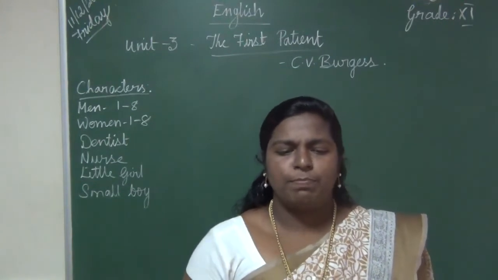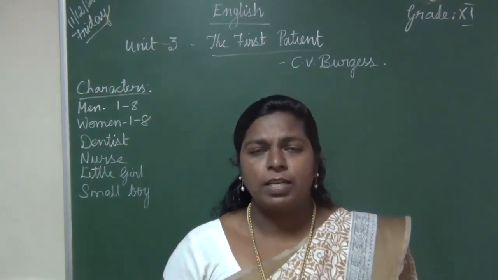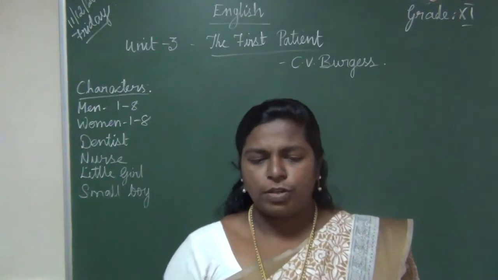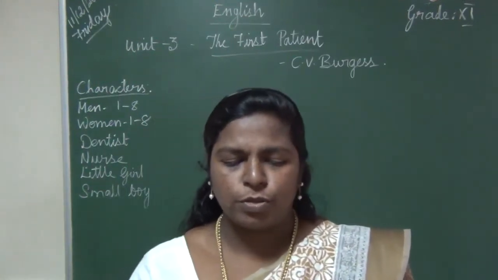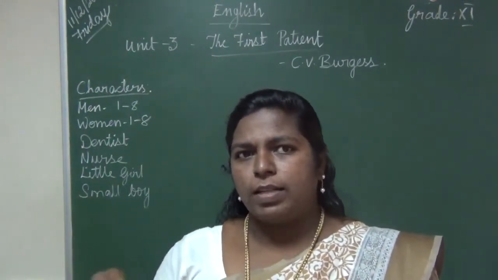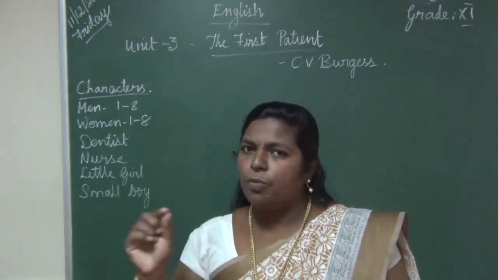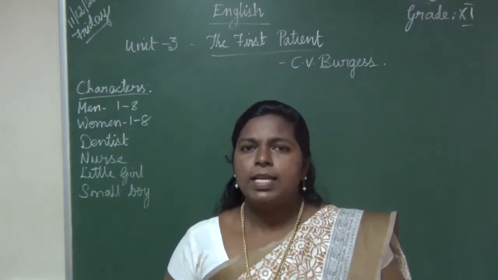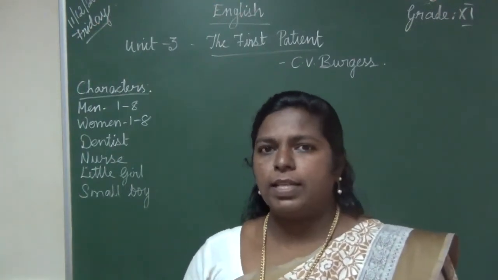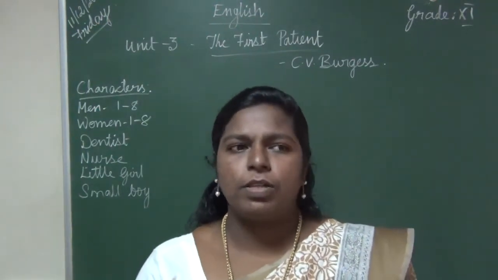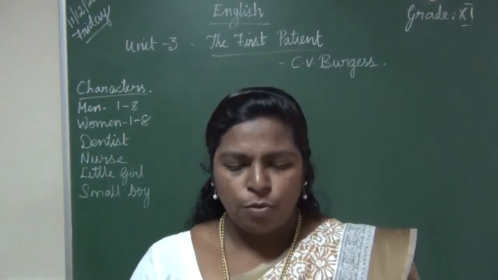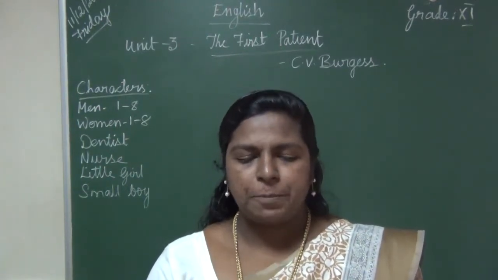This photograph is blurred. Blurred means which is not very clear. In the blurred one, the downside she could show one person. Who is that? Sister-in-law's little boy. She wanted to show that to woman 7.